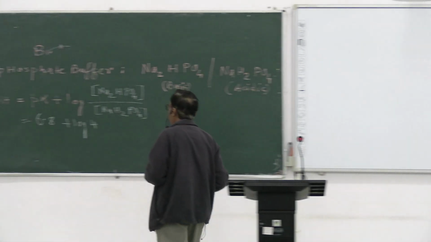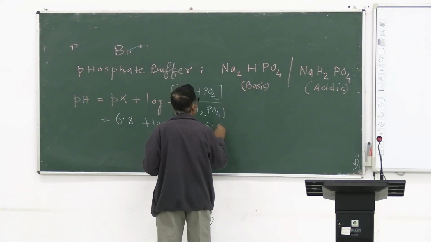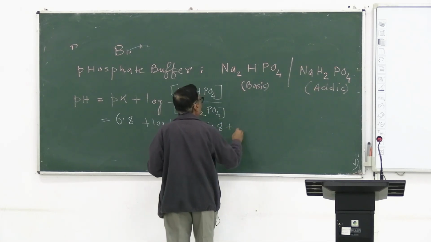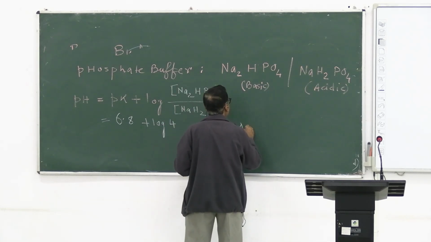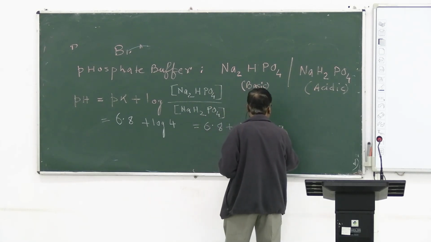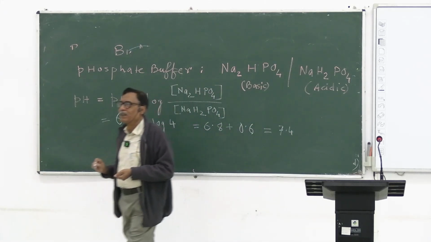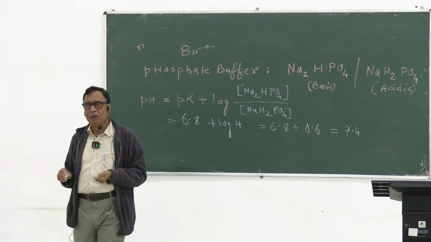And you see, log of 4 from the logarithmic table is 0.6. So 6.8 plus 0.6, this summation will be 7.4, the normal pH of the blood.